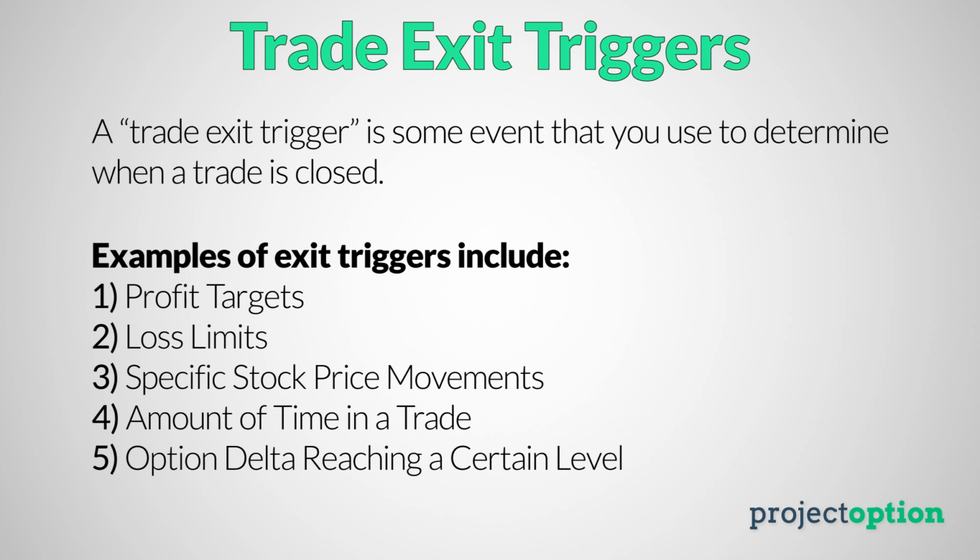So if you use a profit target and a loss target, you now know when you will close profitable trades, and you now know when you will close unprofitable trades, which is incredibly important when you're trading any strategy and not even just options. Additional trade exit triggers you can use when trading options would be delta-based exits and time-based exits. And by using multiple exit triggers, you're adding a little bit more variety to the things that you're looking for that will determine when you close a trade.